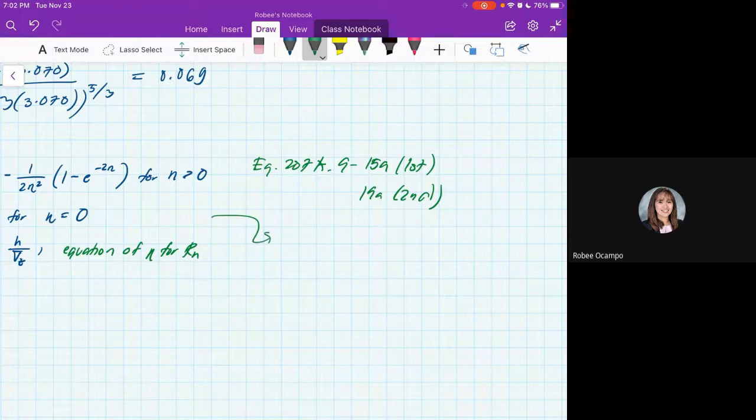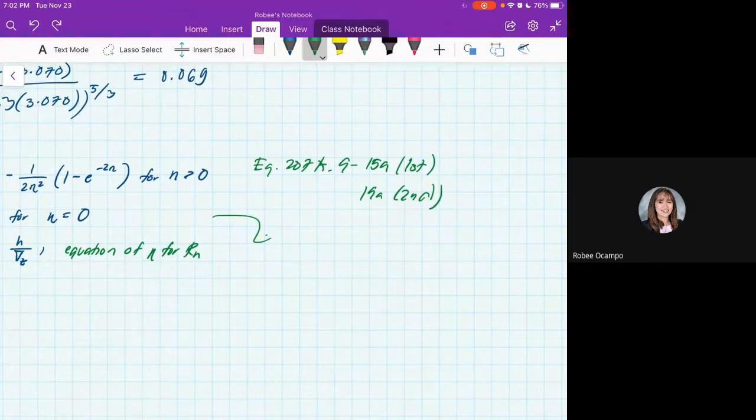And RH is equal to 1 if nu is equal to 0. That's from equation 207A.9-15B, and 9-19B for the second. Okay?